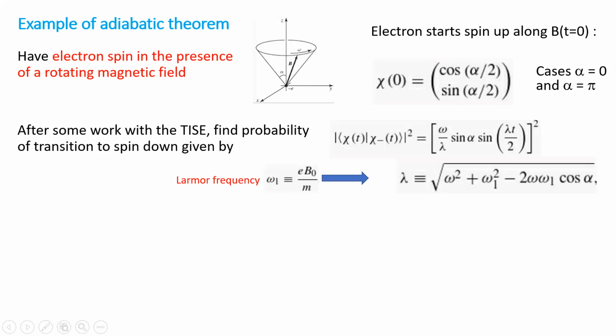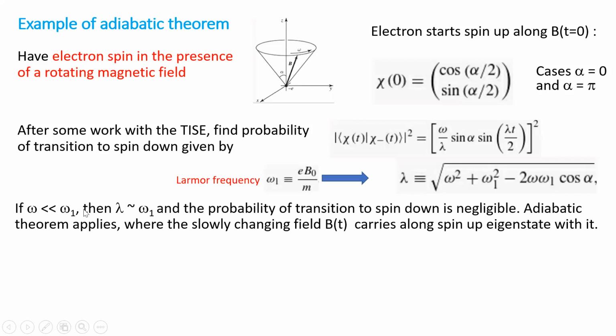Okay, so what does this have to do with the adiabatic theorem? Well, if omega is much, much less than omega 1, then lambda will be approximately equal to omega 1, since omega squared would be very small compared to omega 1 squared. So lambda here would be approximately omega 1.